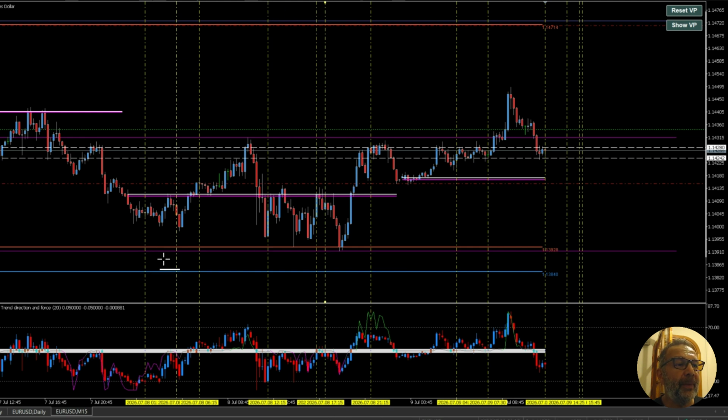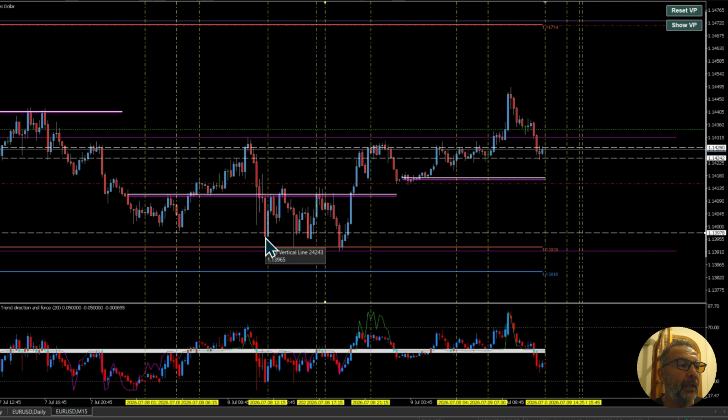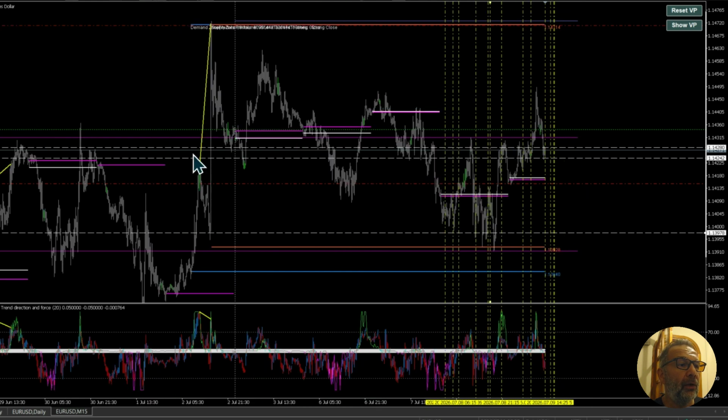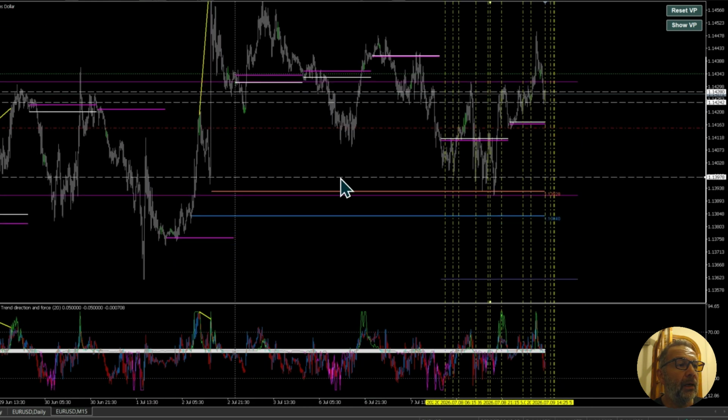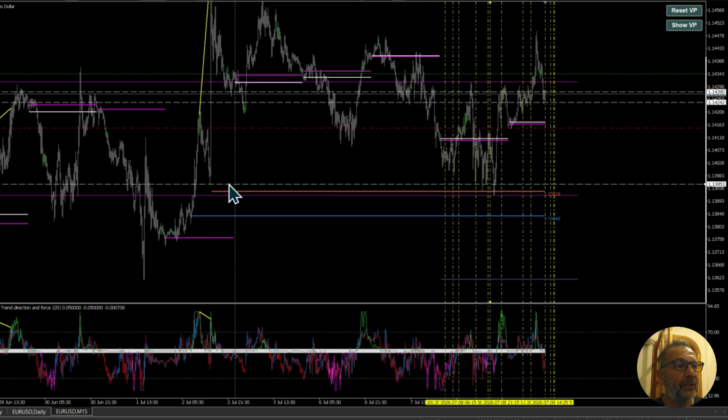So if Asia made a low, London made a low, or the market made a low around these periods, these are the hours which I want to match to a place where the market bought heavy, right? So I'm looking for buying heavy, okay, at the right time.